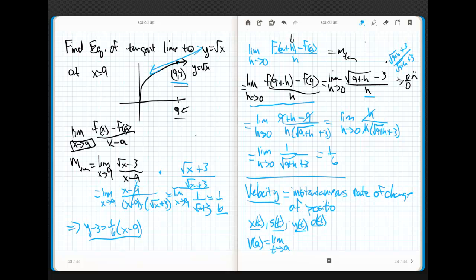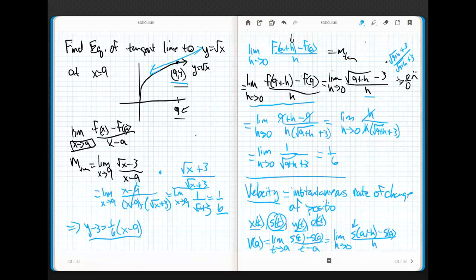To keep it simple, I'm going to do s of t. All right? So this is going to be s of t minus s of A over t minus A. I could also write it as the limit as h goes to 0 of s of A plus h minus s of A all over h.